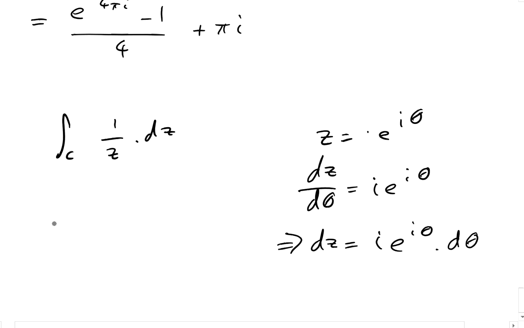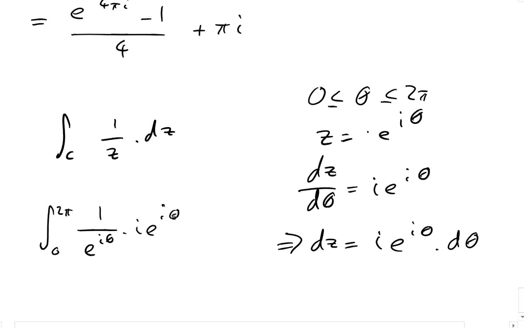So we just make our substitutions now. We're going from 0 to 2 pi, because that's what theta is defined as. If you did vector calculus last year, this is exactly the same idea, just with complex numbers. You're used to parameterizing and introducing new variables. So this is 1 over e to the i theta, times i e to the i theta d theta.